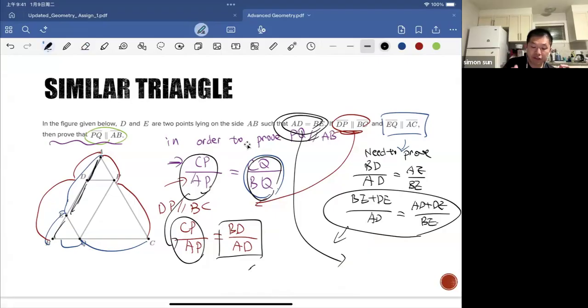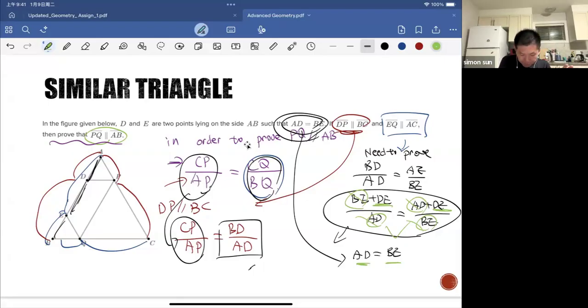The final given information here is AD is equal to BE. The denominators are actually the same, right? AD is equal to BE, and all the things are the same. So this one actually works. So that's how we prove the two lines are also parallel.